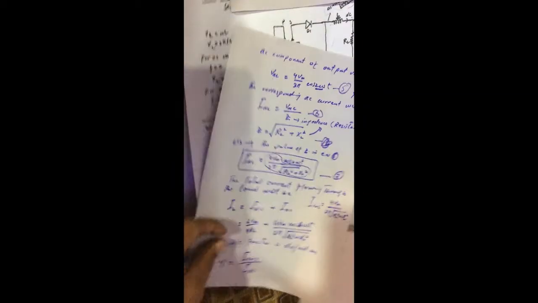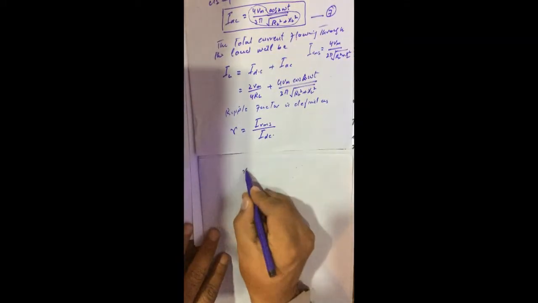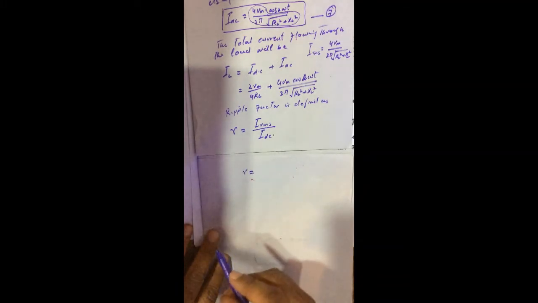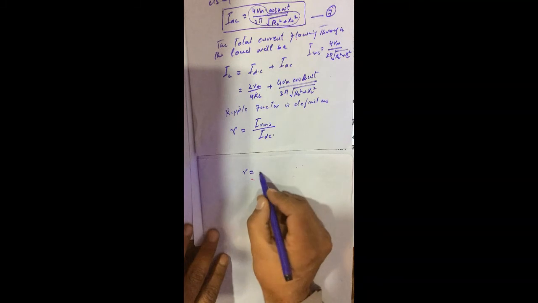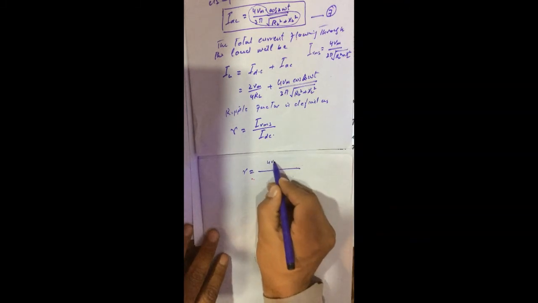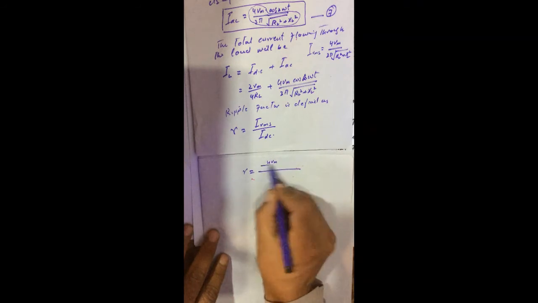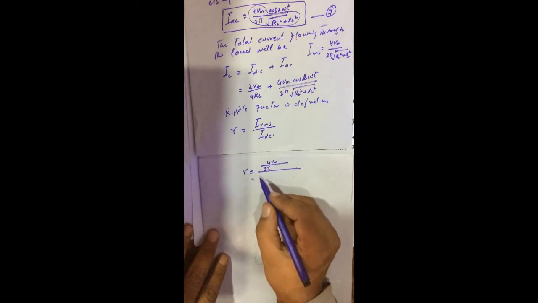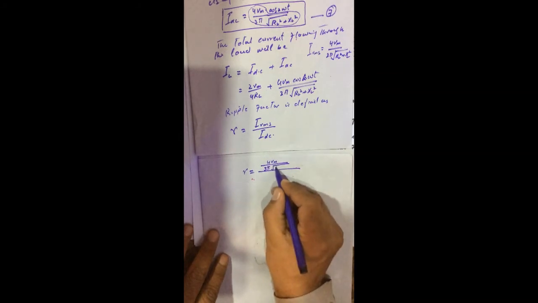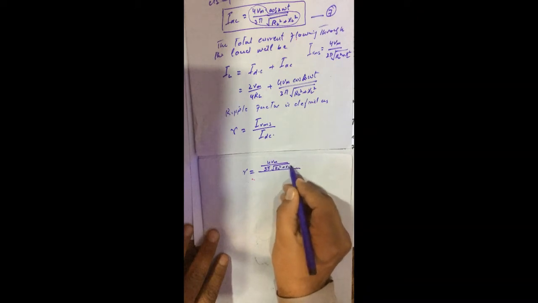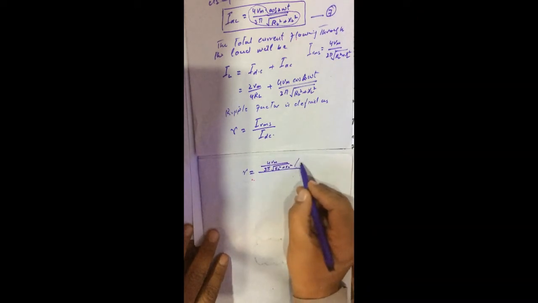So if we put it in the ripple factor, gamma will come out to be 4 Vm over 3 pi into square root of RL square plus XL square, over square root 2.